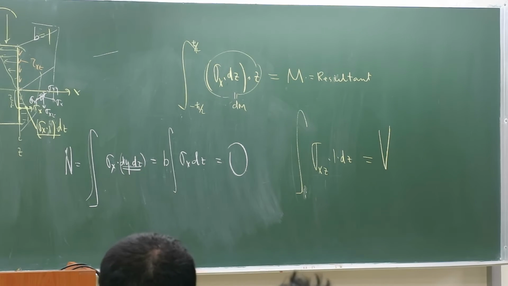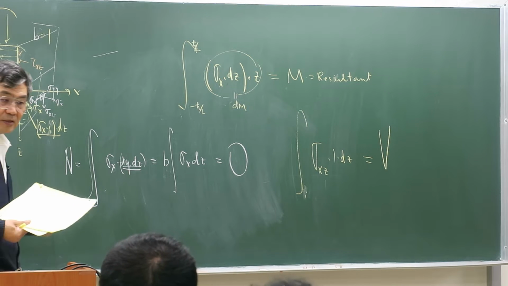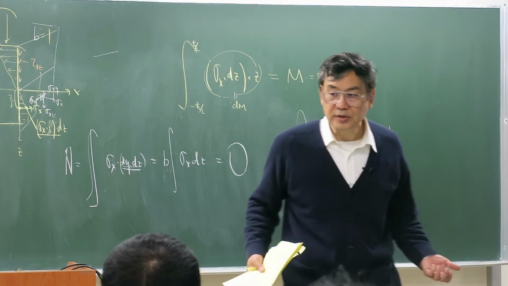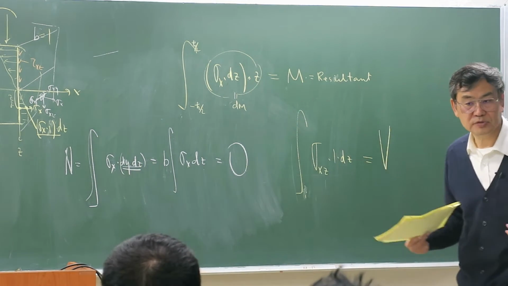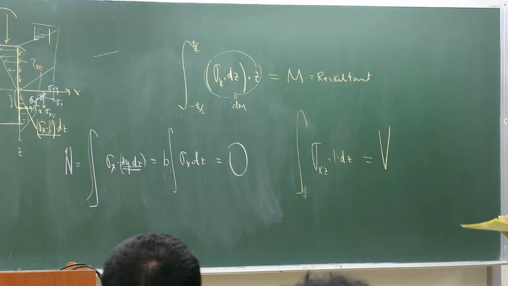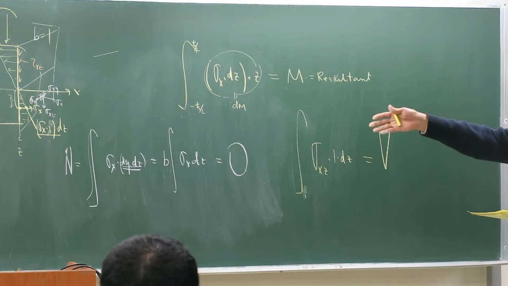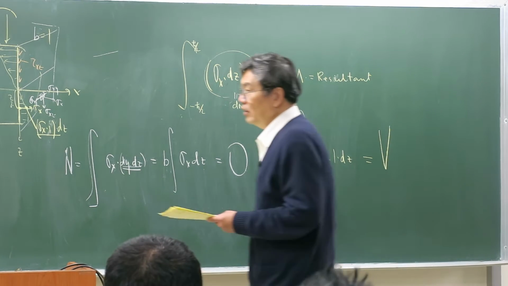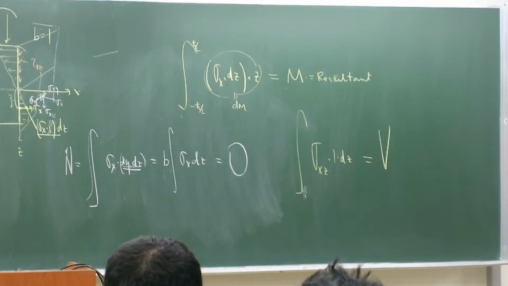If in the future, maybe next week, I will show you some theory that considers axial forces, axial stress, like a tendon or a PC beam, PC girder, that will also have axial forces. That will be another theory. But this is the simplest, the linear theory, which we call the Euler beam theory or linear beam theory.